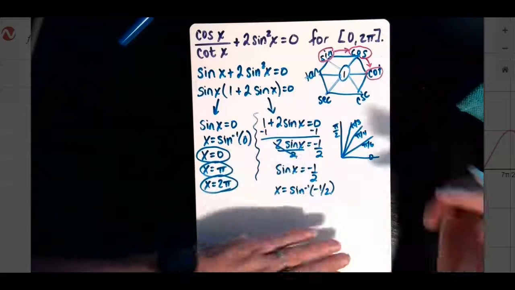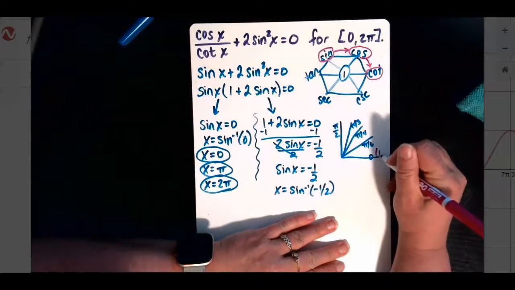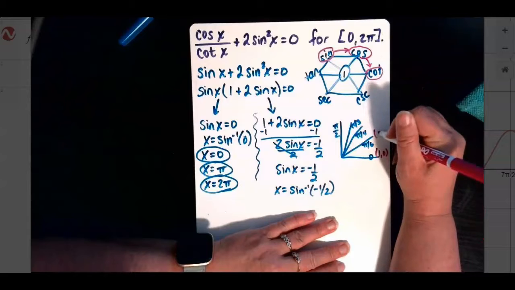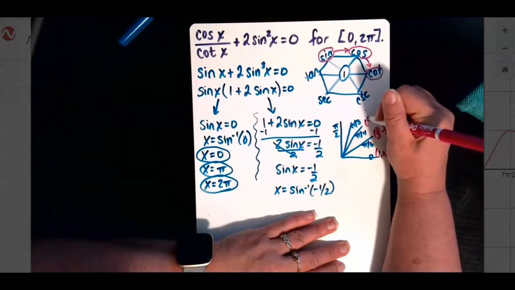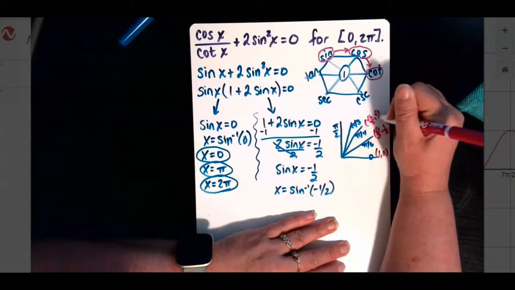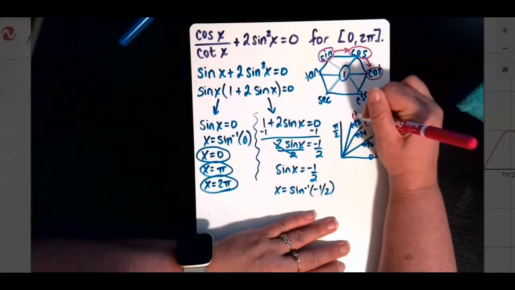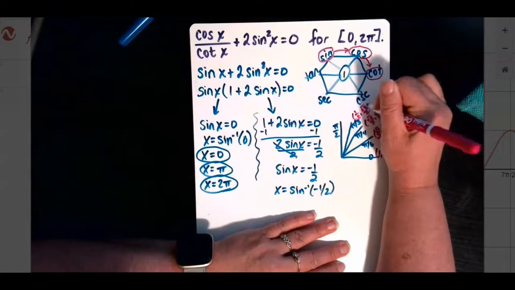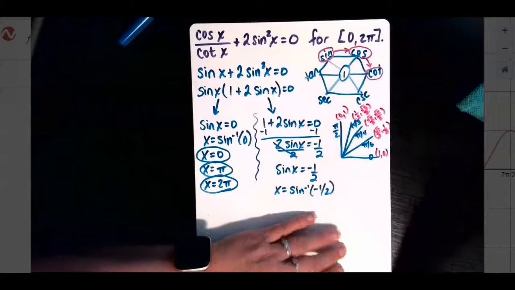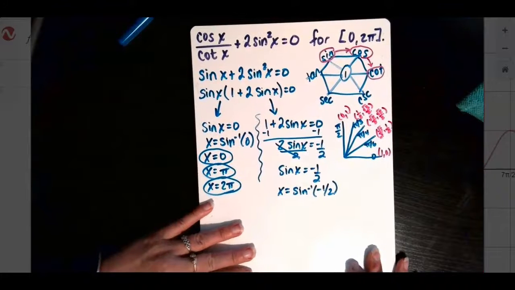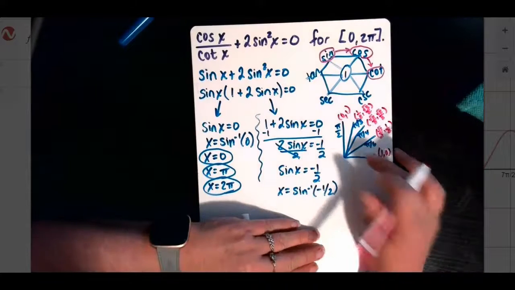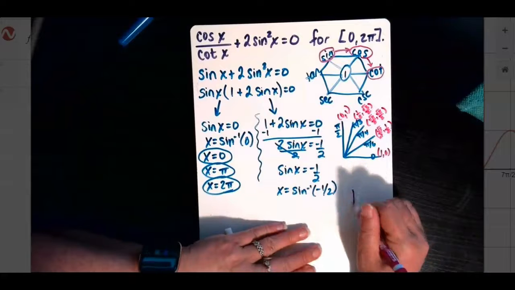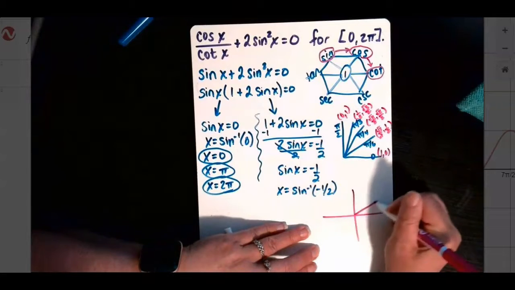And our coordinates here are 1, 0, and then root 3 over 2, comma 1/2, root 2 over 2, root 2 over 2, 1/2, root 3 over 2, and then 0, 1. So that's our first quadrant, and we can see that the y value here at pi over 6 is 1/2. So pi over 6 is going to be the reference angle from quadrant 1.